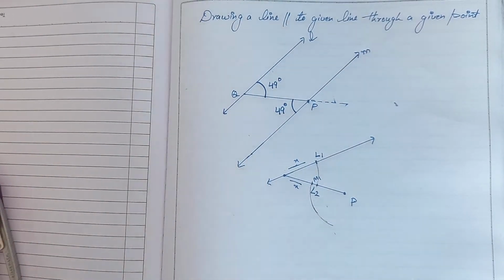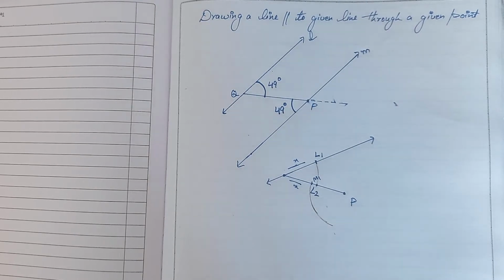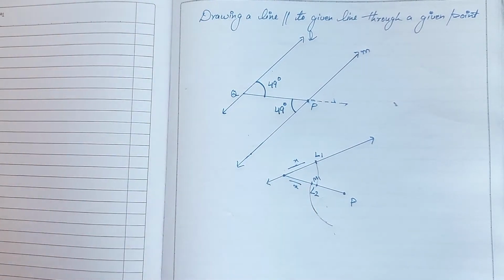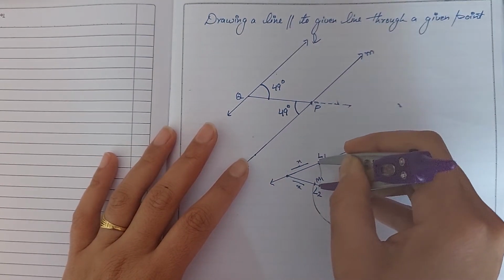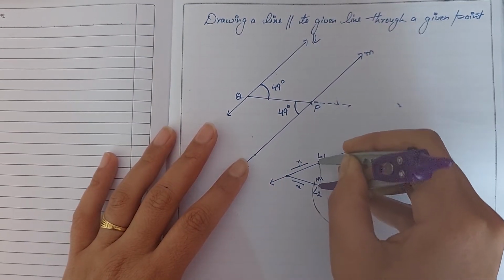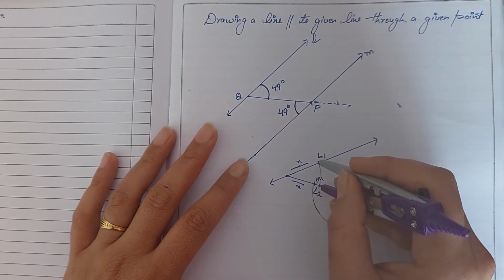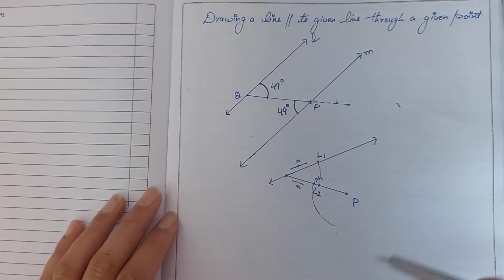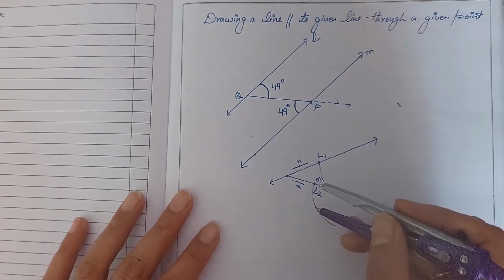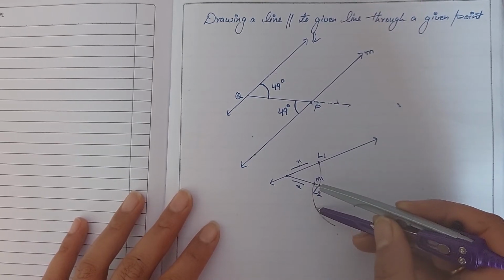Now what is the distance between L1 and L2 that we are going to measure using our divider? The distance between L1 and L2 right now is this much, and the same distance should be between M1 and M2.